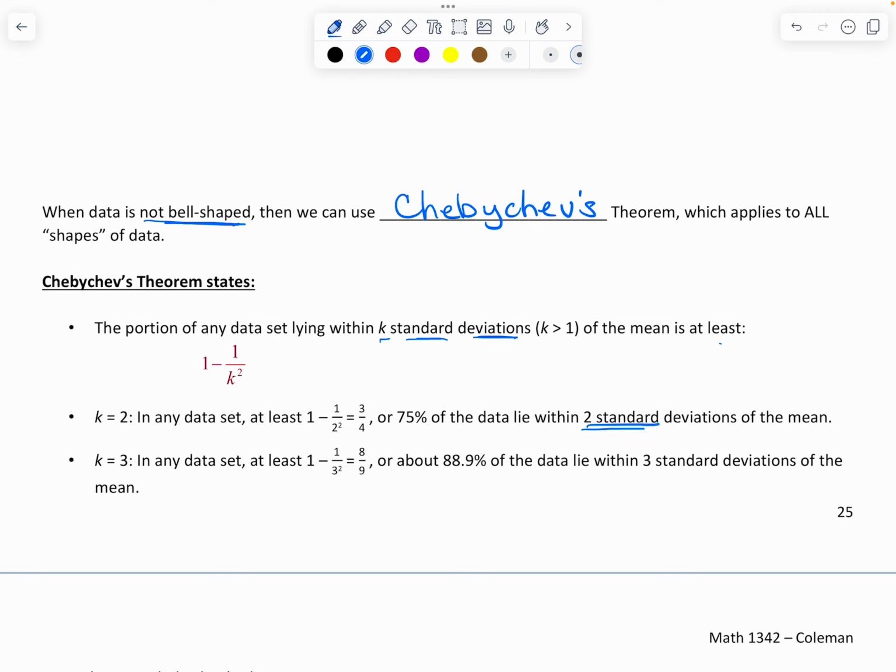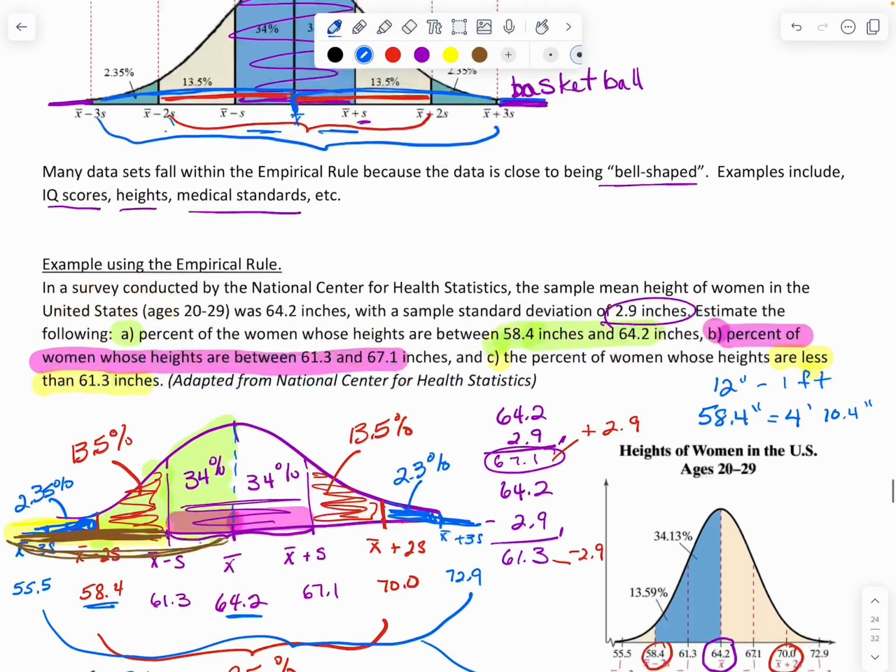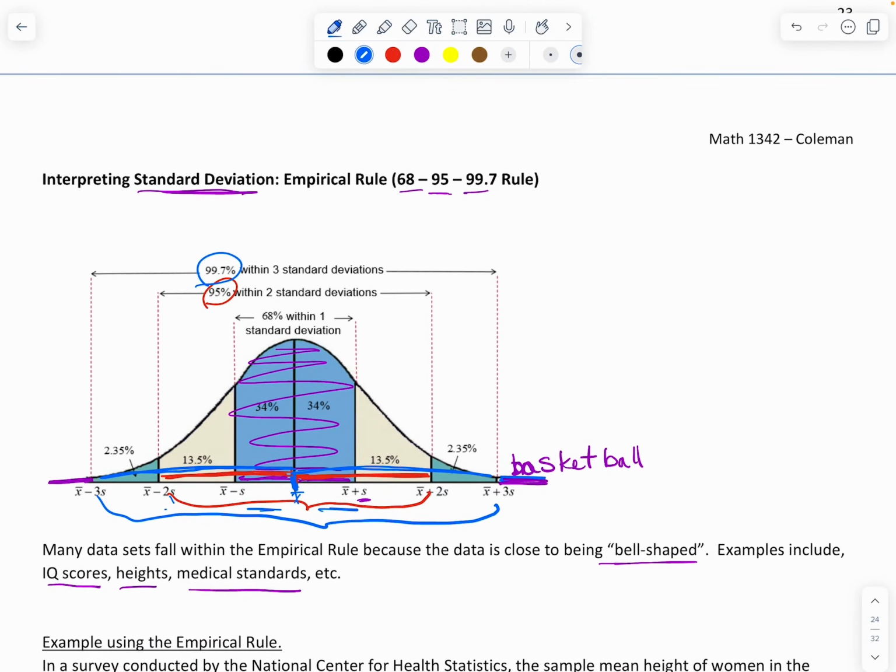So for k equal 2, so for 2 standard deviations, it's 1 minus 1 over 2 squared, which is 1 minus 1/4, or 3/4. So about 75% is going to fall within 2 standard deviations.